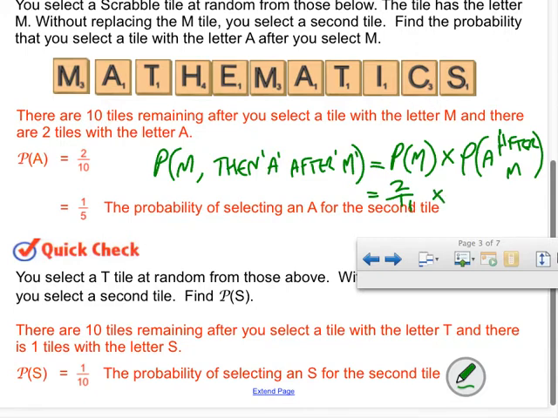And we got to multiply that by, we already figured this out. What's the probability of picking an A after the M? It's 2/10. 1/5, right? Or 2/10, but 1/5. Okay, so what is that compound event's probability going to be? 2/55. Are we good?